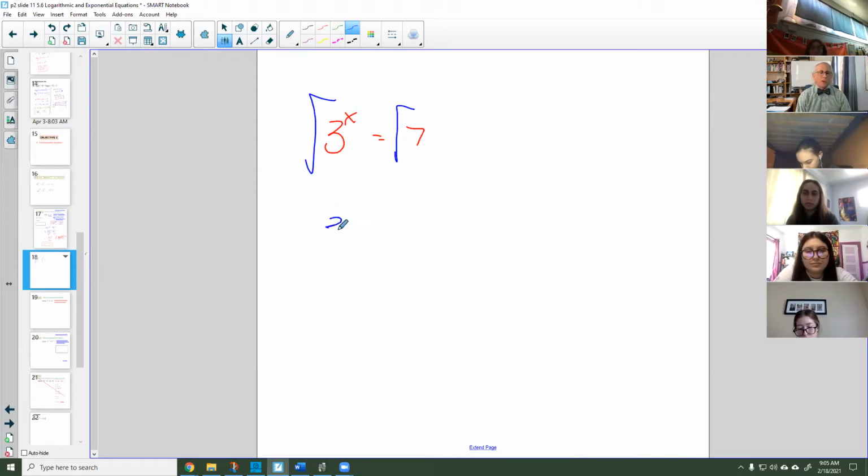Yes. And what if I have 3 to the x equals 7, but I decide I would just like to multiply both sides by 8. Can I do that? Yes. So 3 to the x equals 7, I can take a log of both sides.